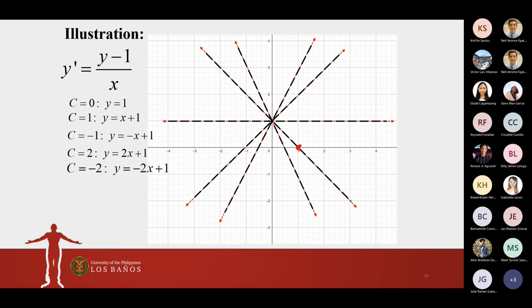Ilan yung mga solution curves na daraan when x is equal to 1? Actually, dalawa, actually infinitely many pala, pero magbigay ka ng isang specific initial point. The initial point, say, is 1, 1.